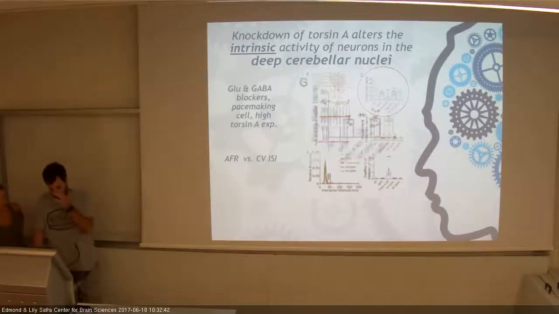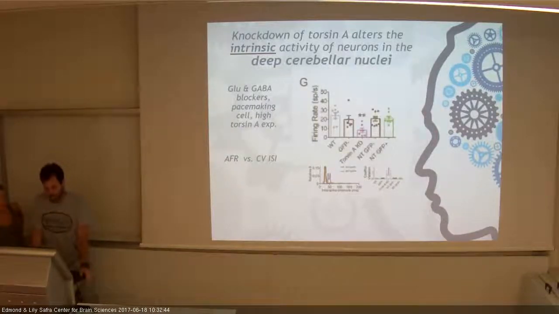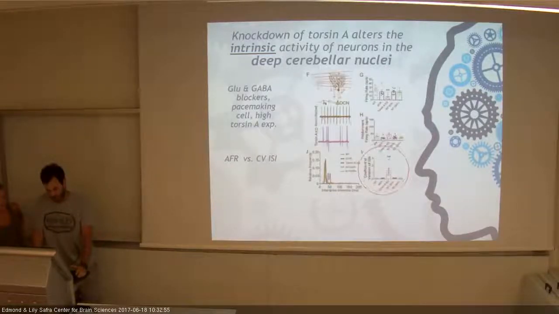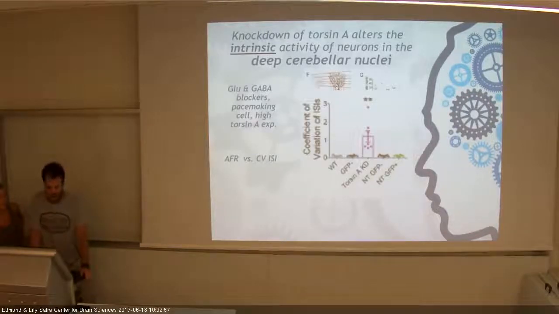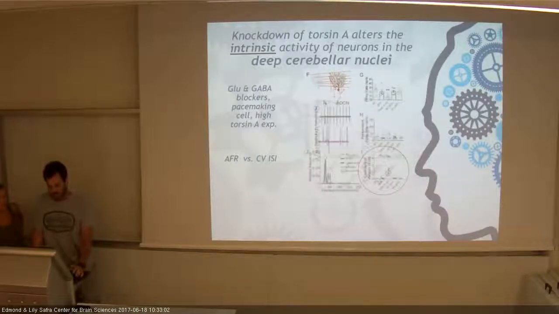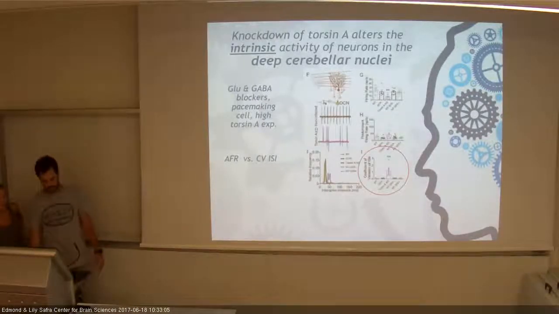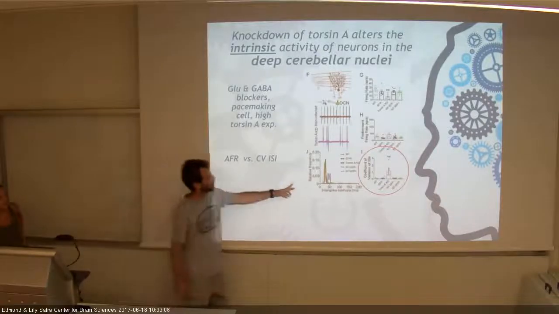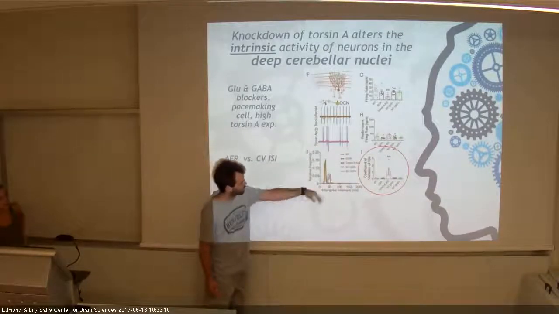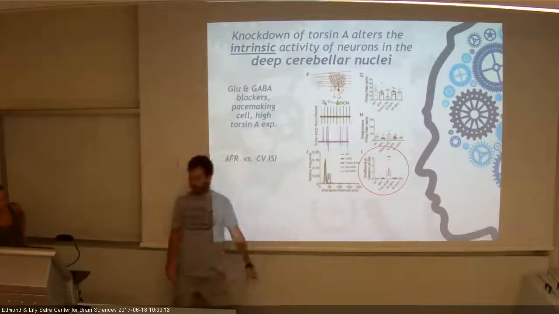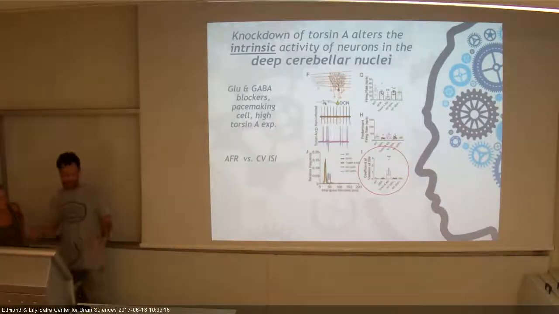Here they saw a strong decrease in the firing rate, so a lot less firing, but the firing was in a strong variation, again similar to what we saw in the Purkinje cells. Interesting to see that here the shift is to the right: longer interspike intervals, which means that you have more silent part than bursting part.